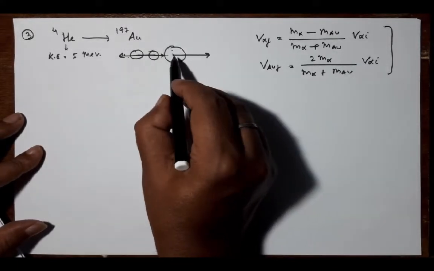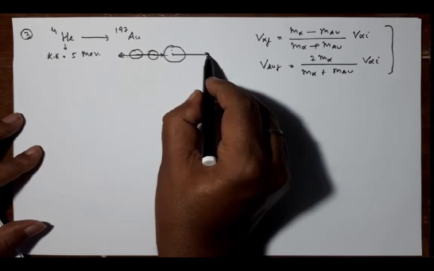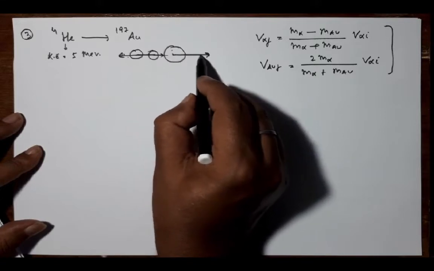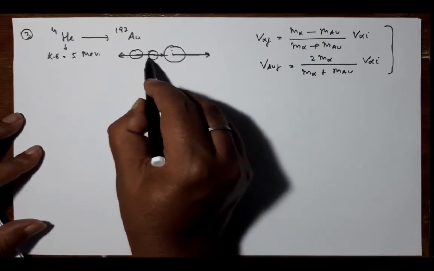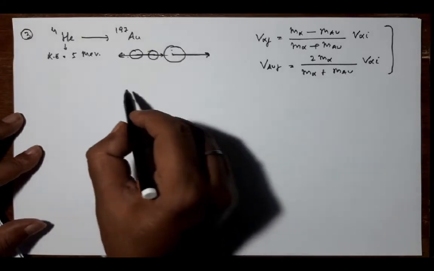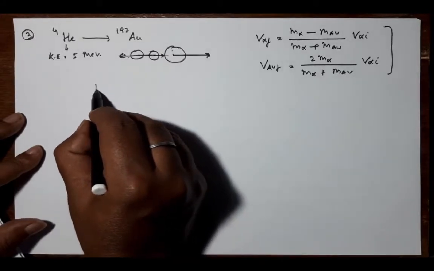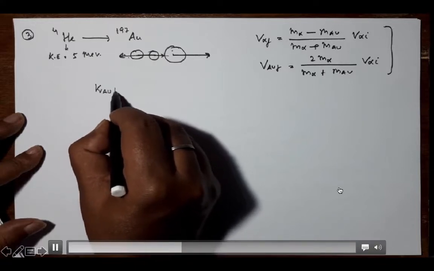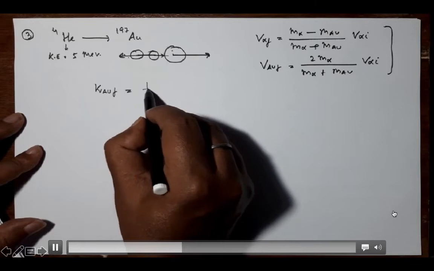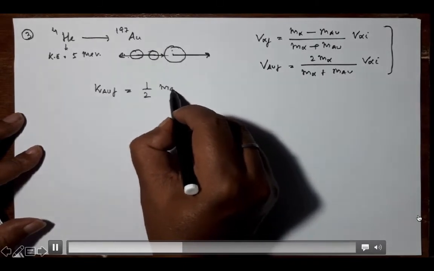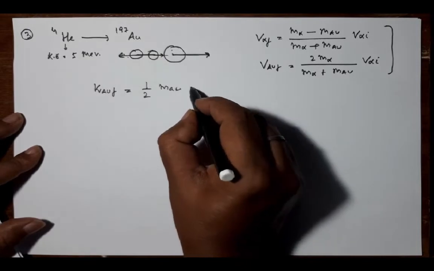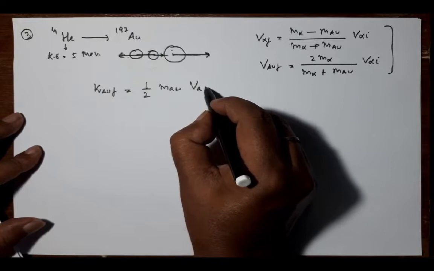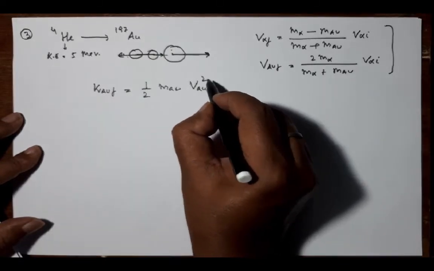Here this aurum nucleus is recoiling in this direction. Then we can write the final kinetic energy of aurum as half M AU into V AU square.